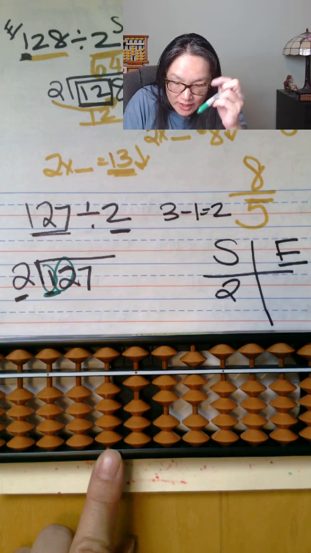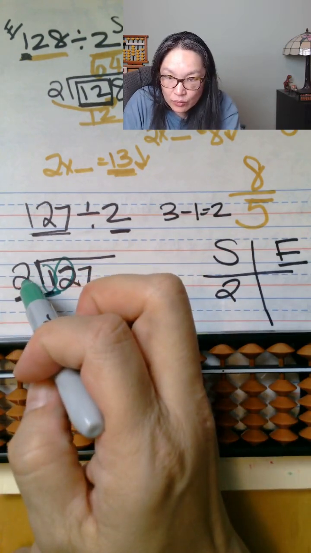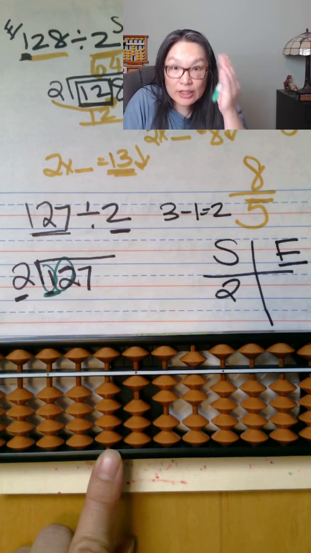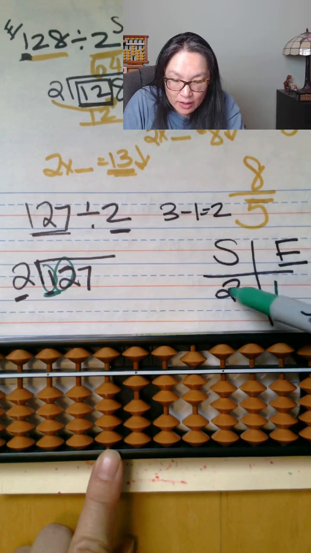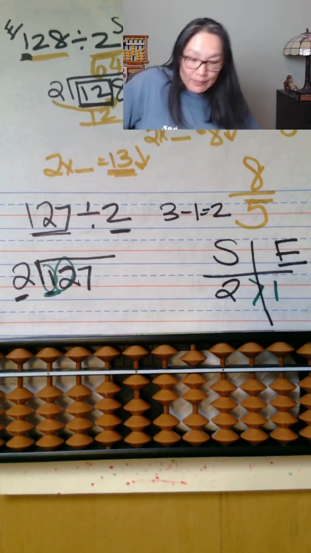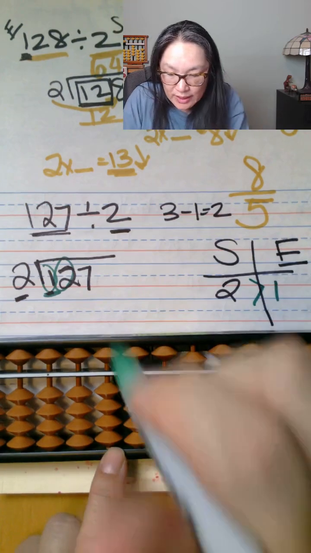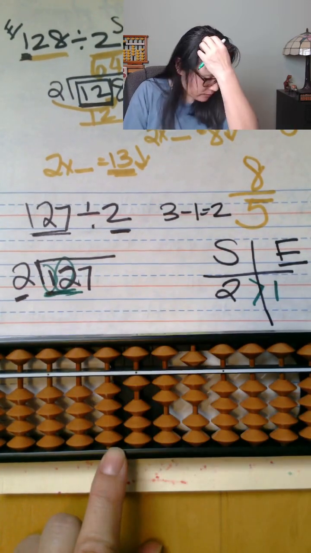The reason is that you cannot take away 2 from 1. Then you need 2 columns. So that's why I have to compare. Who is bigger, 2 or 1? 2 is bigger. So that means I need to use 2 columns. I have to take away these 2 columns.